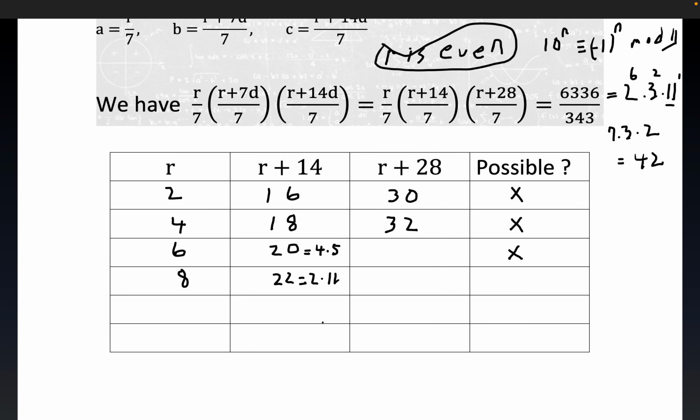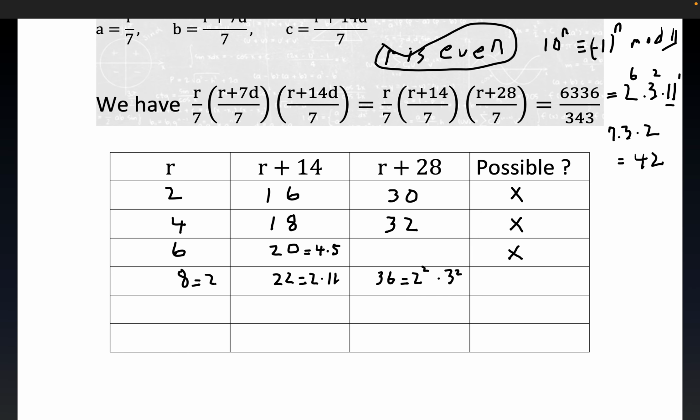Okay, now what about this next one? That would be 8 plus 28, which is 36. Okay, now notice that 36 is equal to 2 squared times 3 squared, right? You see, we're just trying to account for all the prime factors, folks. This is equal to 2 cubed.